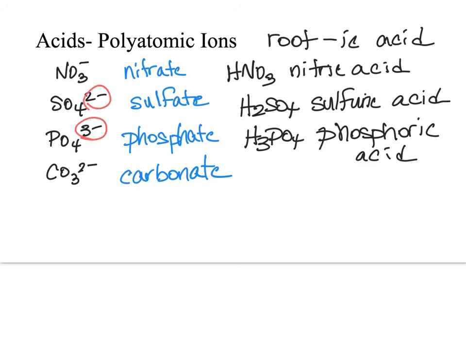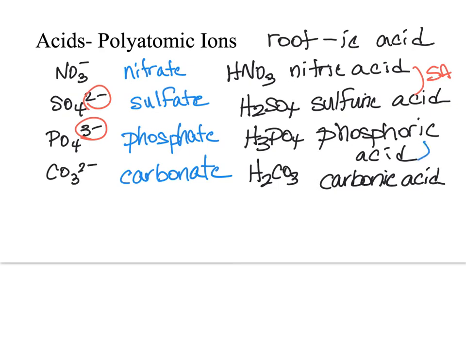We need a proton for each of those negative charges, or a positive charge for each negative, in order to balance it out and neutralize the ion. And the last one, H2CO3, is carbonic acid, as I've already mentioned on this video. Nitric and sulfuric are strong acids. Phosphoric and carbonic are weak acids.